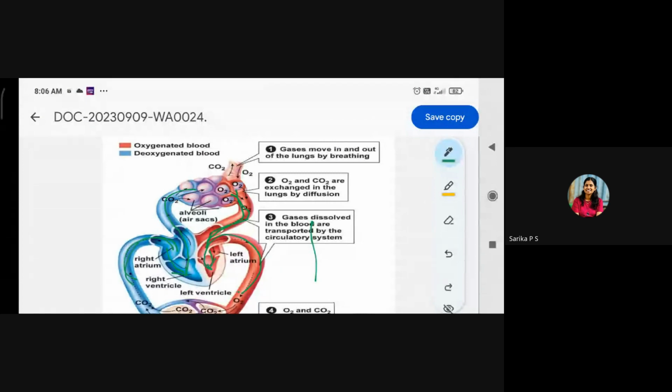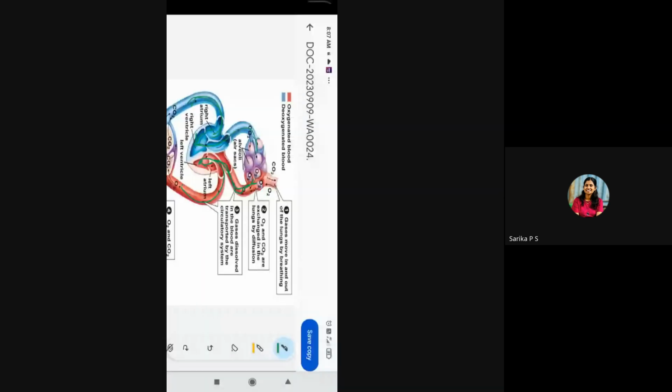Arteries are those blood vessels which are letting out blood from the heart. Throughout the body arteries carry oxygenated blood, but in the case of the pulmonary artery only, it carries deoxygenated blood, and the pulmonary vein carries oxygenated blood. So this is the end of the respiratory system.